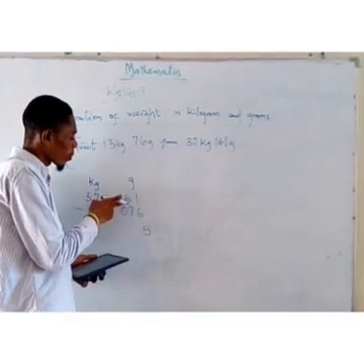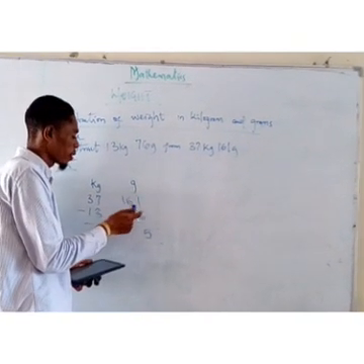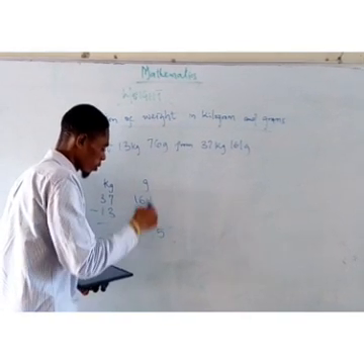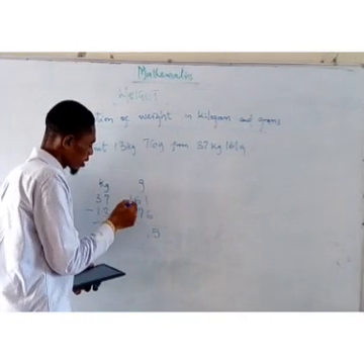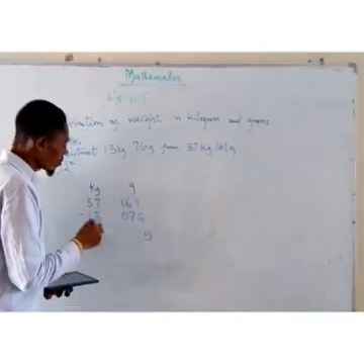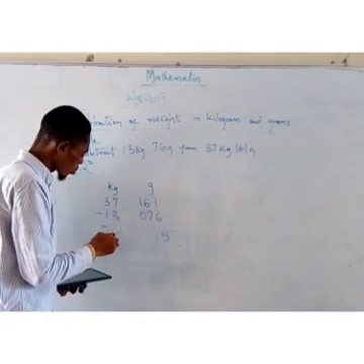Now we borrow 1 from here, it's 10, add it to the 5 here, it becomes 15. 15 minus 7 will give us what? 8. Then this one remains 0. 0, 0 will bring down this 0 here. Now we have what? 7. 7 minus 3 gives us 4. 3 minus 1 gives us what? 2.